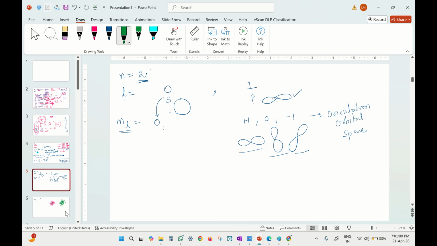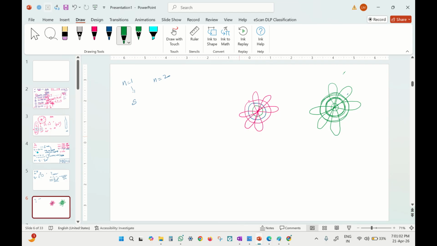So this is a space. This is the region where the electron is found. How many electrons are possible in this region? This is an orbital. If this is an orbital, how many electrons are possible in that region?